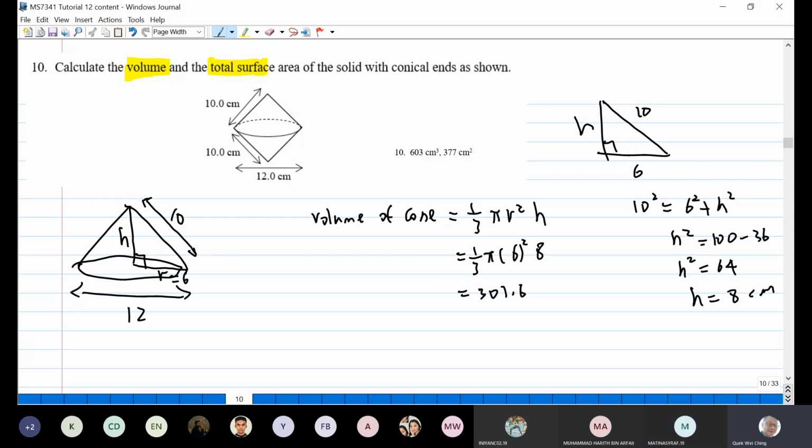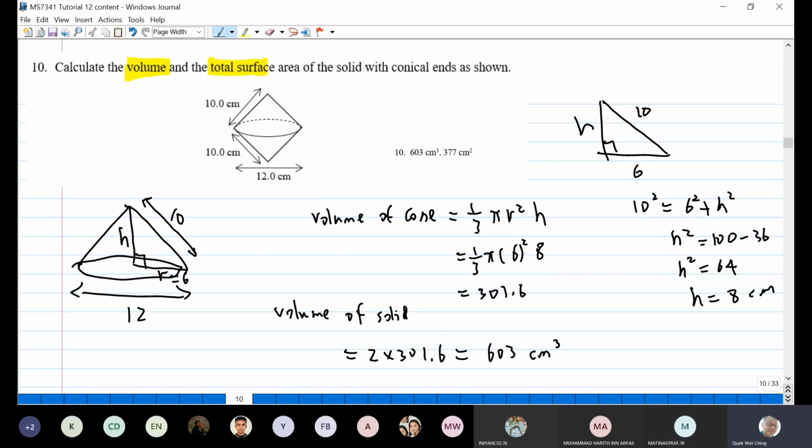Now this is just the volume of one cone, but actually two cones are stacked together. So the volume of this solid is two cones together, one upper, one lower. It's actually 2 times of this. So times 2, and you get the volume of 603. Okay, this is how to find the volume of the cone.